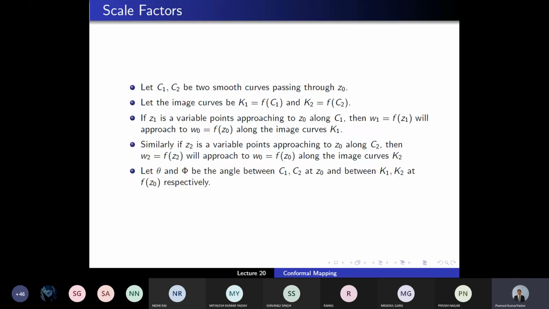Similarly, if z2 is a variable point approaching z naught along the curve C2, where z2 and z naught are in the z plane, then w2, the image of z2 in the w plane, will approach w naught along the image curve K2. Here f z naught is in the w plane.